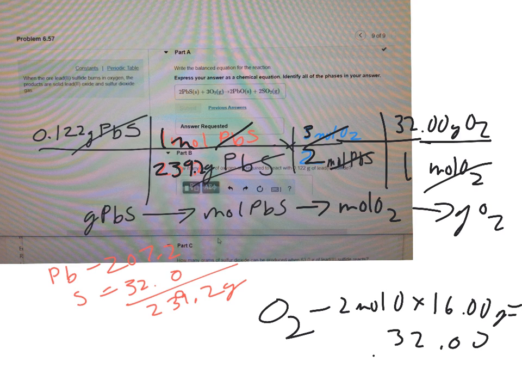So I'm taking 0.122 divided by 239.2 times 3, divide by 2 times 32, and that gives me a mass of 0.0245 grams of oxygen.